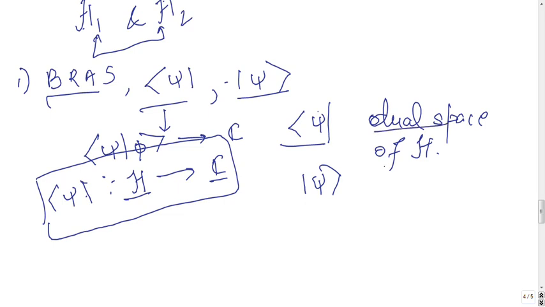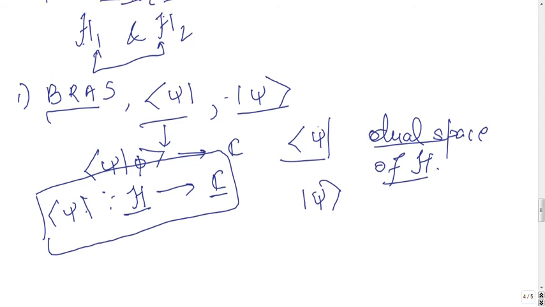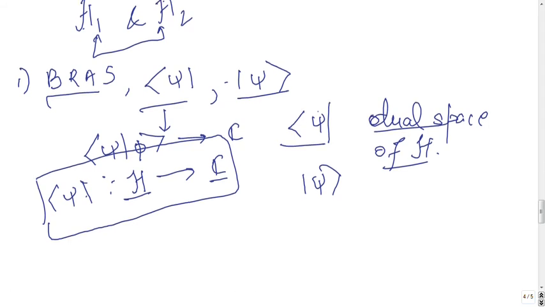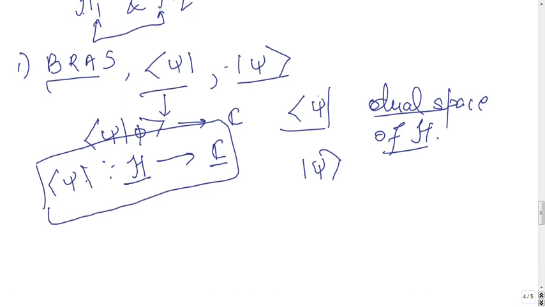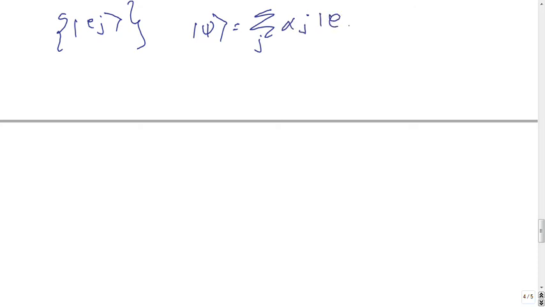Okay, this is called the dual space of H. So if H has a countable basis, again countable, you have remembered, then we can find an orthonormal countable basis denoted by this e_j, this set of orthonormal bases, such that we can write psi as a linear combination of these vectors.